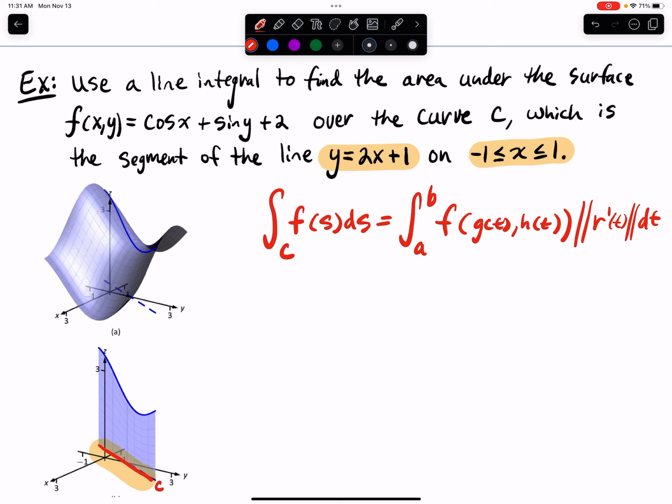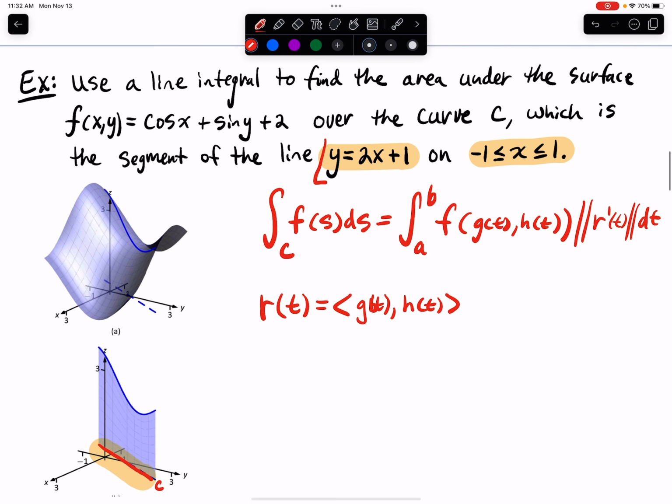So, our job is to figure out what in the world r of t is. Okay? If we can find r of t, then this problem is just going to be plugging and chugging. So I need to parameterize this curve here, which is a line.